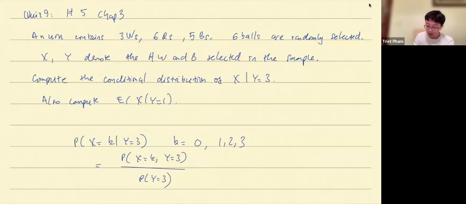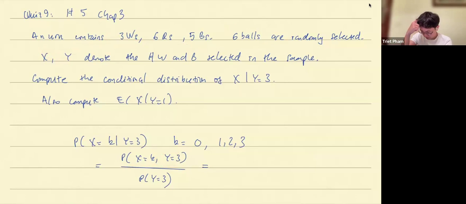The reason, of course, is that if X is big, then Y has to be small. If you select a lot of blacks, the number of reds should be less because there are only 6 balls selected in total. Anyway, the point here is you can just work by counting. In your sample, there are k whites.